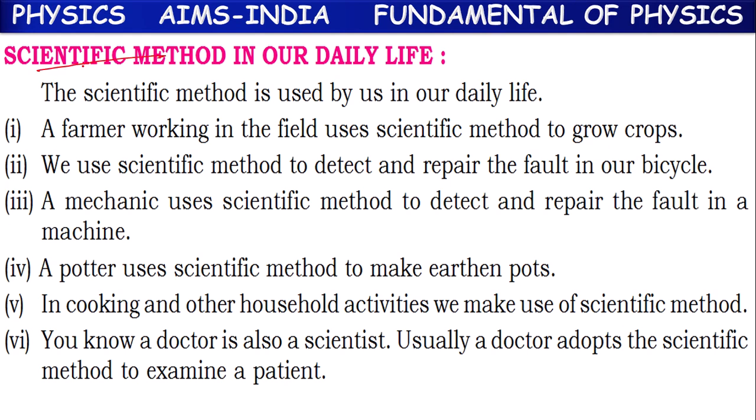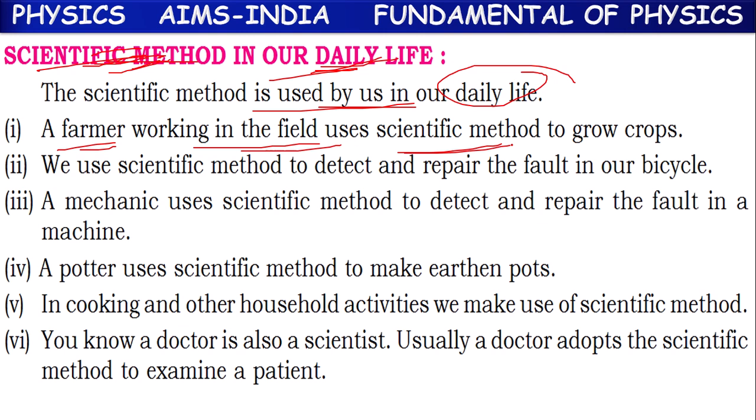So a farmer also uses the scientific method. Scientific method in our daily life. It is used by us in our daily life. A farmer working in the field uses the scientific method to grow crops.